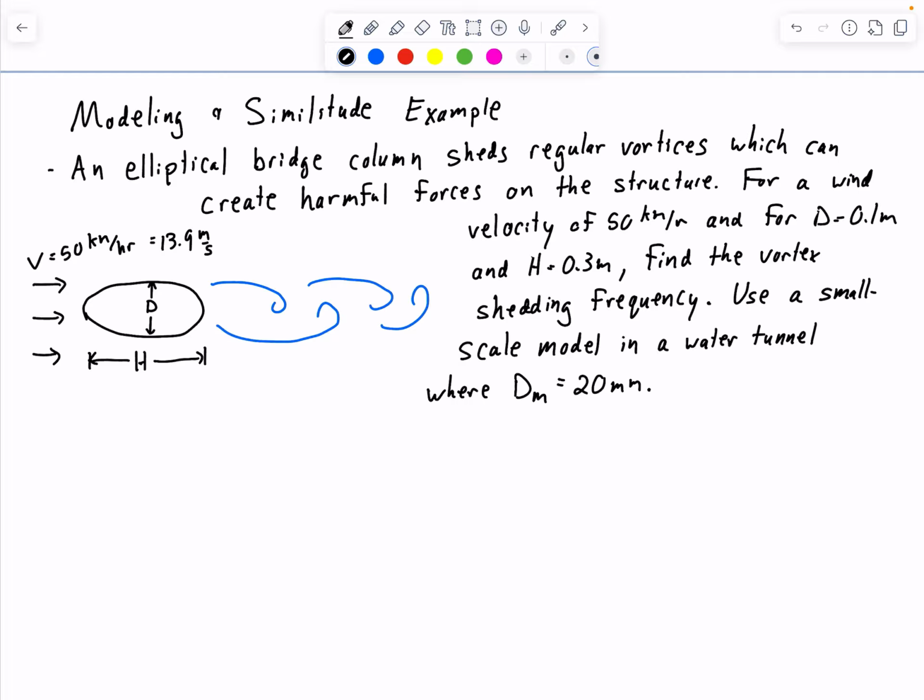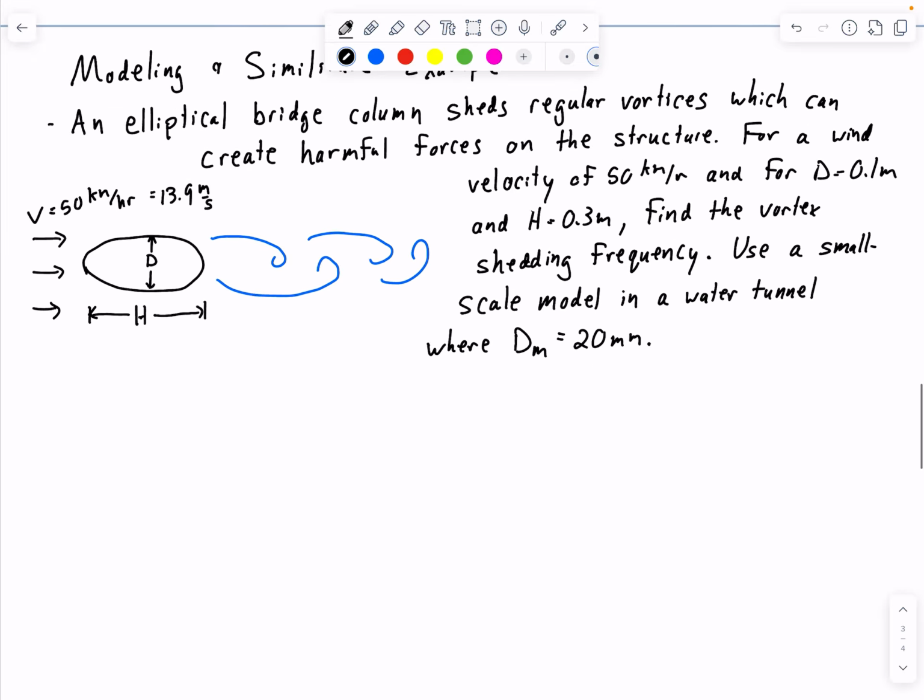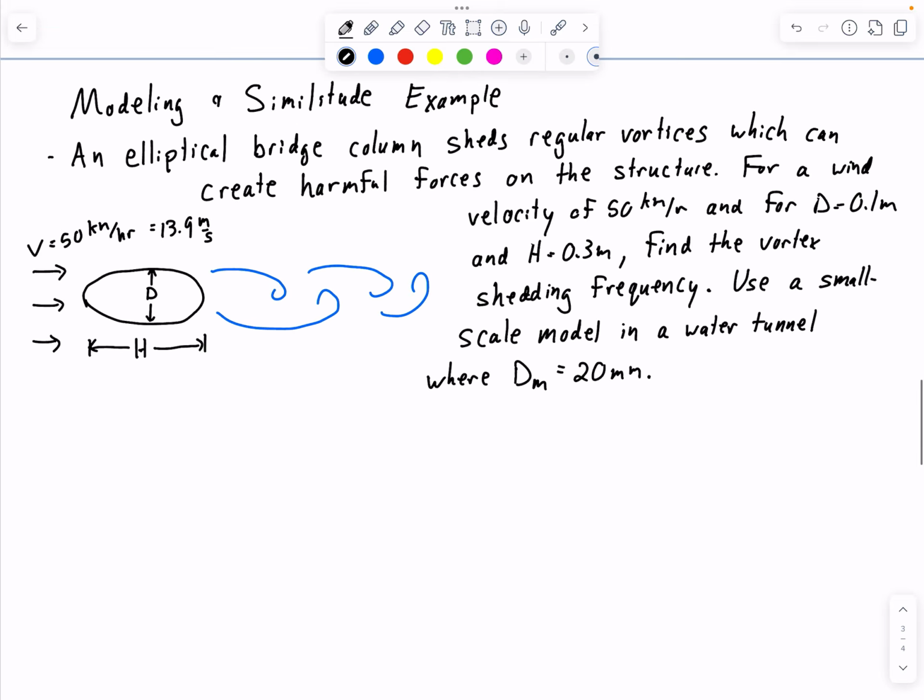And then we're also given some properties of the different fluids that we're working with. So we know that the viscosity of air is 1.79 times 10 to the negative 5 kilograms per meter second.